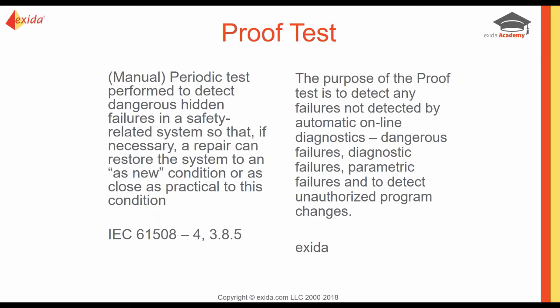So Exida says, yes, take all of that information about a proof test, but the purpose of that proof test is also to detect any failures not detected by automatic online diagnostics. And those failures can be dangerous failures, diagnostic failures, parametric failures, failures to detect any unauthorized program changes. So yes, it's all of that, but the main reason you're doing a proof test is to find those hidden dangerous failures.